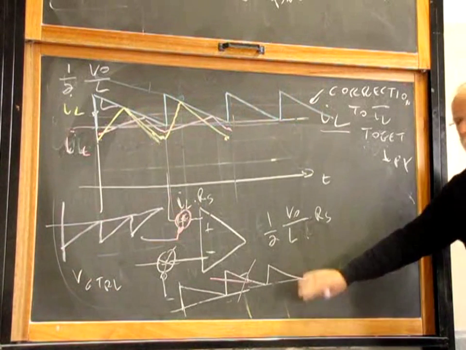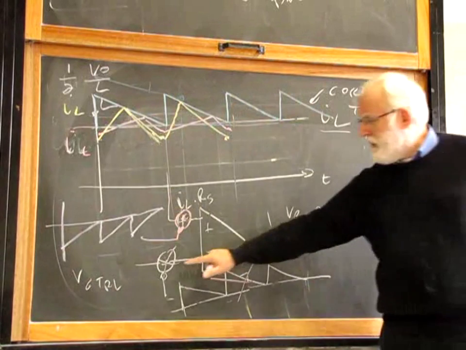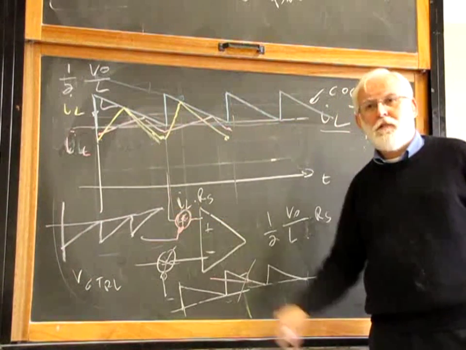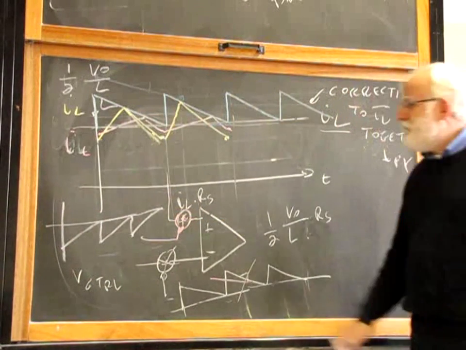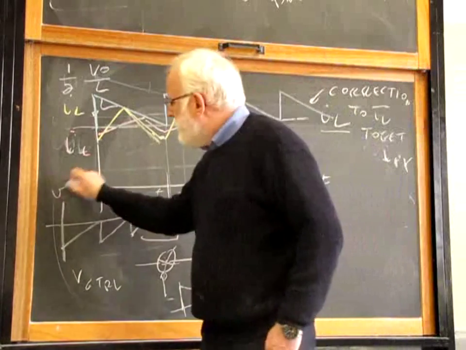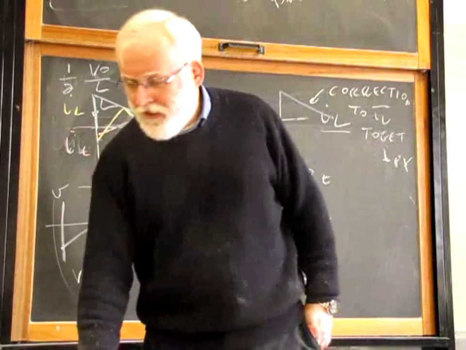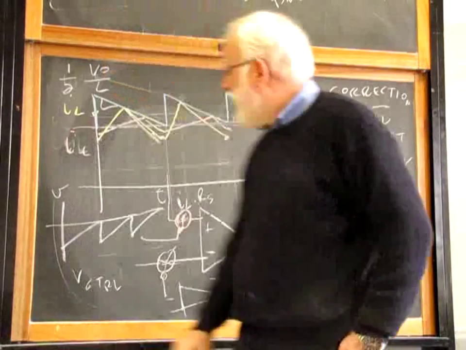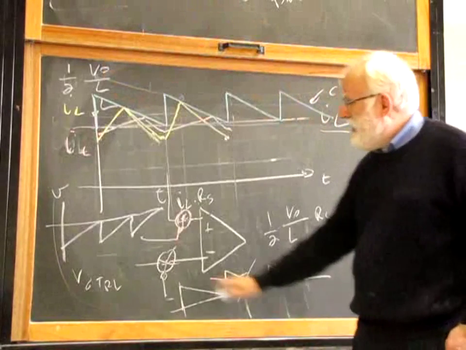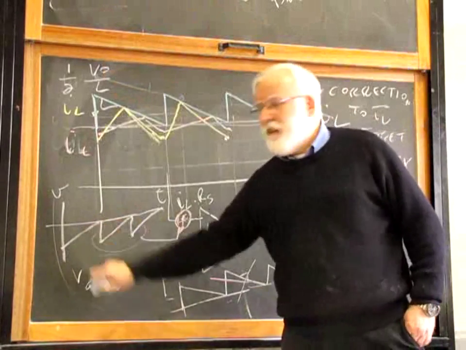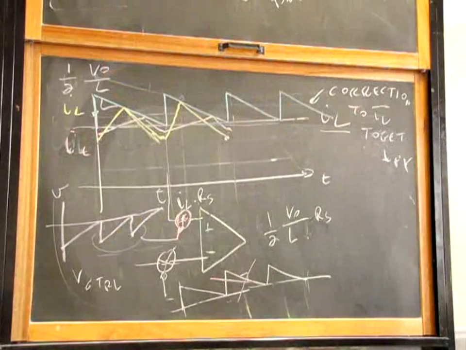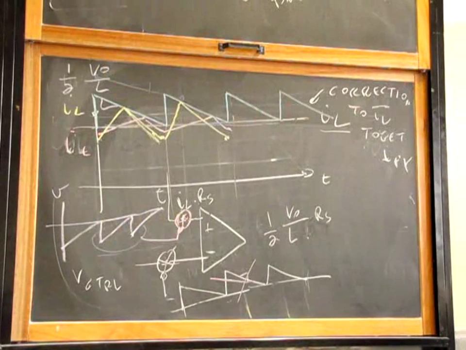Because this changes sign, because I move this correction term to the other side of the comparator. Well, this is time, this is voltage, this is not a good solution either, because I need a negative voltage that usually I don't have. The controller ICs are usually single supply, so I cannot go negative.